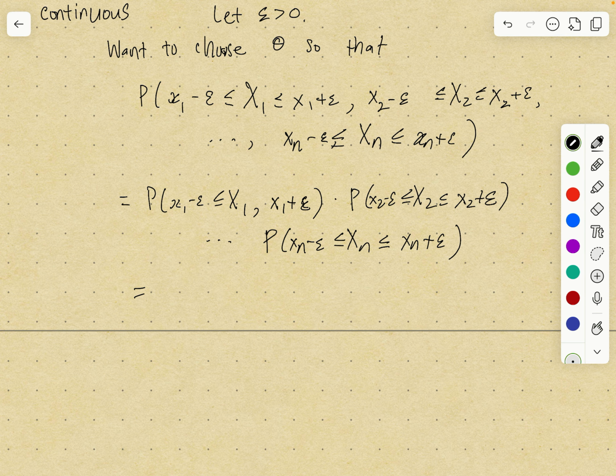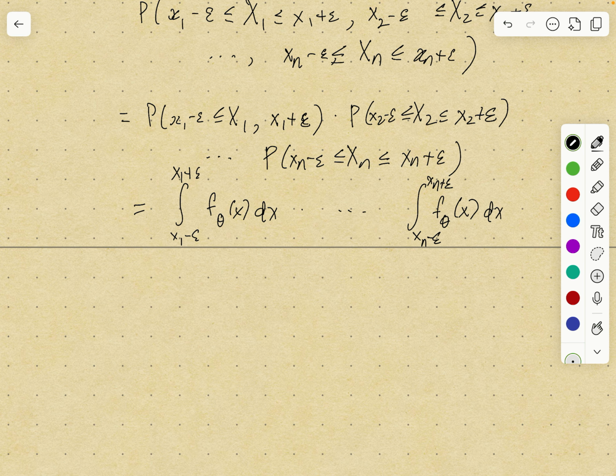Well, each of these probabilities is the integral of the probability density function, right? So it's the integral of f sub theta from x1 minus epsilon to x1 plus epsilon times ... to the integral of f sub theta of x from xn minus epsilon to xn plus epsilon.